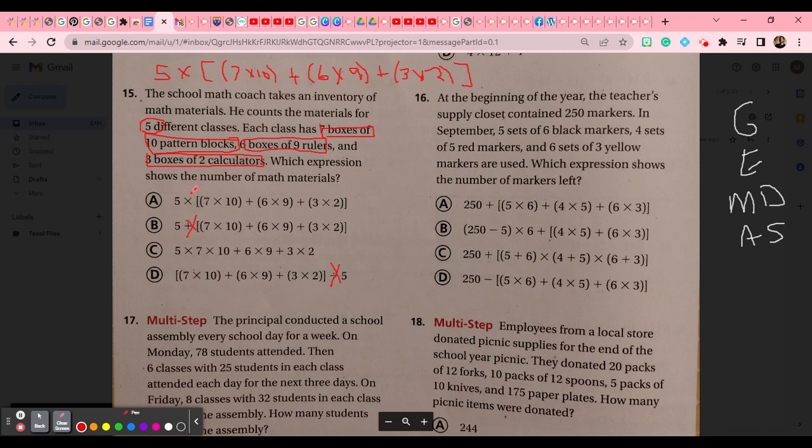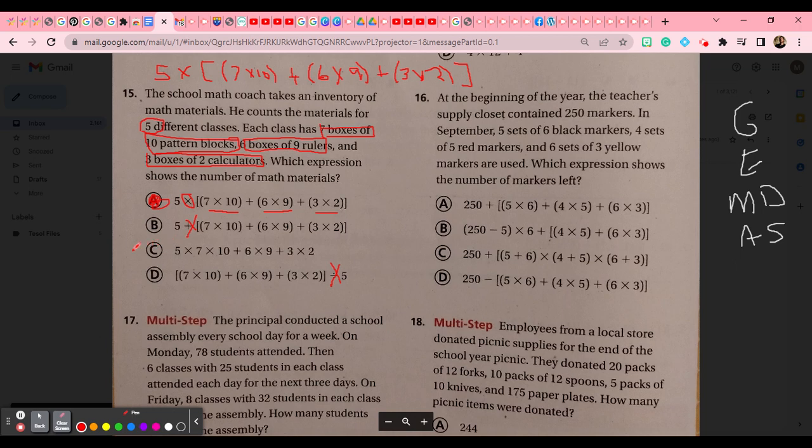5 times, right? We have times, which is what we want. 7 times 10, because there are 7 boxes of 10 pattern blocks, 6 boxes of 9 rulers, and 3 boxes of 2 calculators. Okay, so A is right. C is just a big mess. There's no brackets, there's no organization.